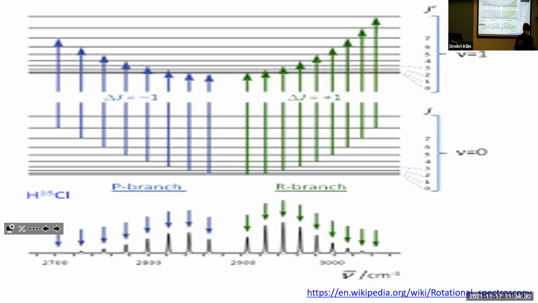Quantization of rotations strongly depends on masses, and even if you change mass slightly, like isotopes in HCl, chlorine is typically a 50-50 mixture of isotopes, right? They will give different signatures. So if you have only one molecule, by doing rotational spectroscopy you can tell which one is there. Or if you do enrichment of isotopes, it's one of the ways to select it.